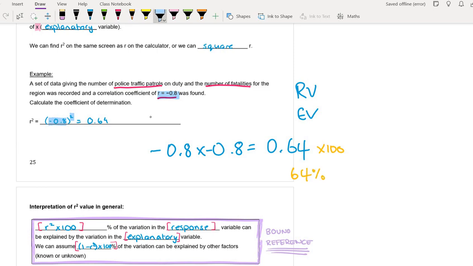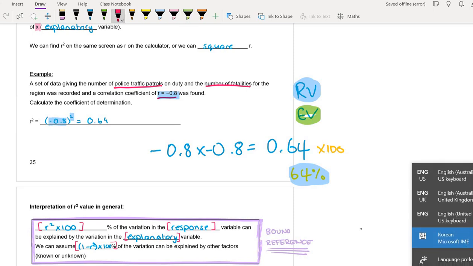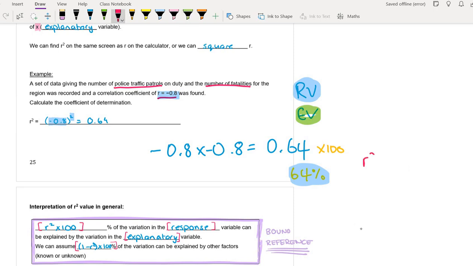So 64% of the response variable can be explained by the explanatory variable. If we get an R squared value of, for example, 0.99, which is very rare, that means 99% of the RV is explained by the EV. So it's a very, very accurate measurement.